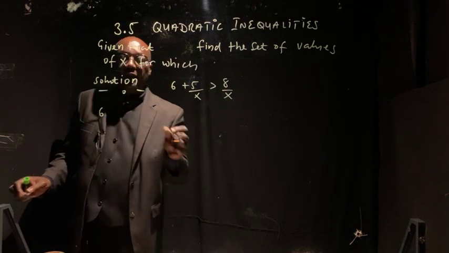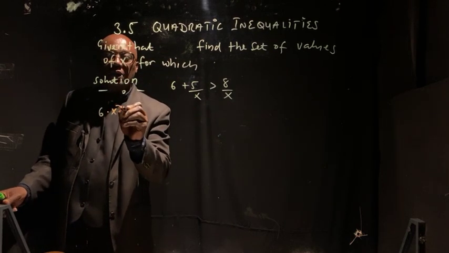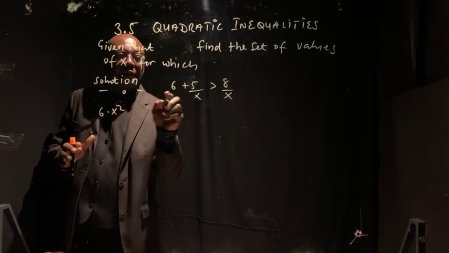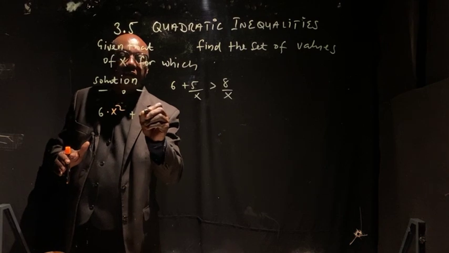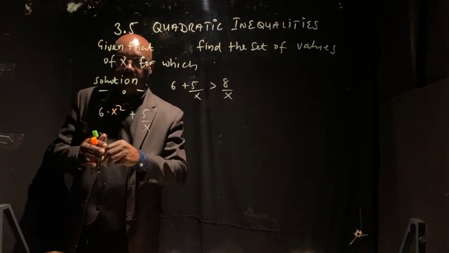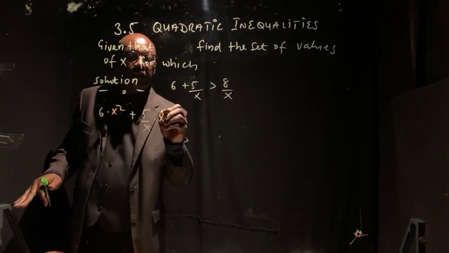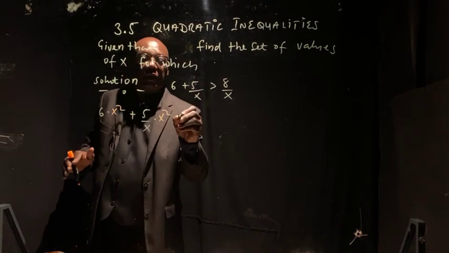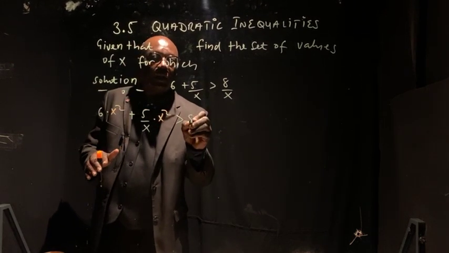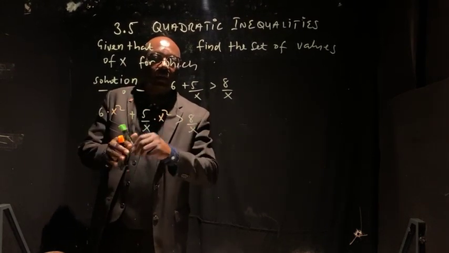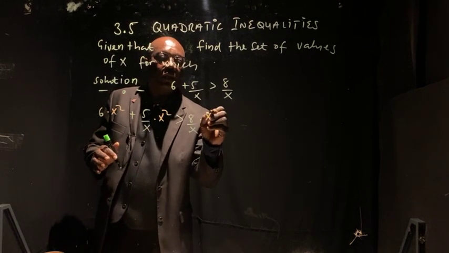You multiply it by x squared, plus 5 over x, be multiplied by x squared, and the greater sign over there, 8 over x, be multiplied by x squared.